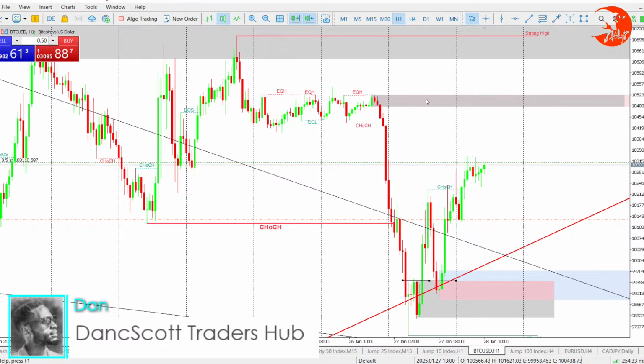So currently we are on that fair value gap. It may not be that very important where we are currently, but all we can see is that price is trying to push for a new higher high according to H1, according to the trend that we are on currently, which is a buy trend on H1.